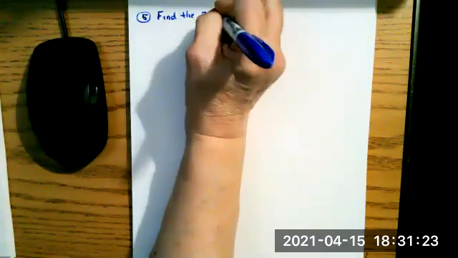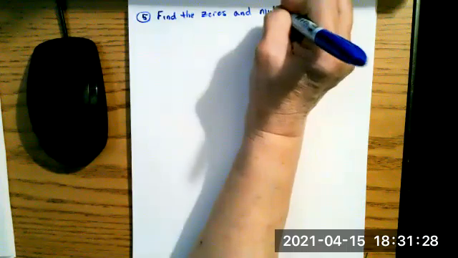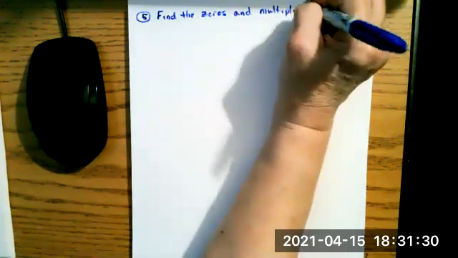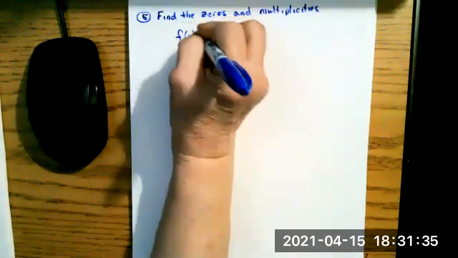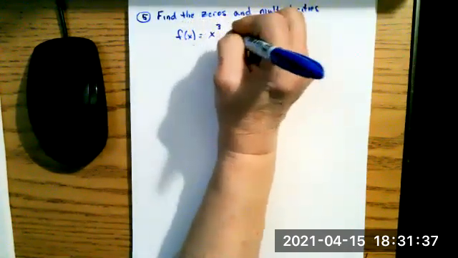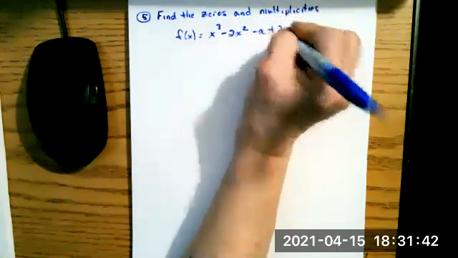Okay. Let's do number 5. Number 5 is going to be one that you can graph on your calculator. So don't make it harder than it needs to be. It says find the zeros and multiplicities. And it gives you f of x equals x cubed minus 2x squared minus x plus 2.